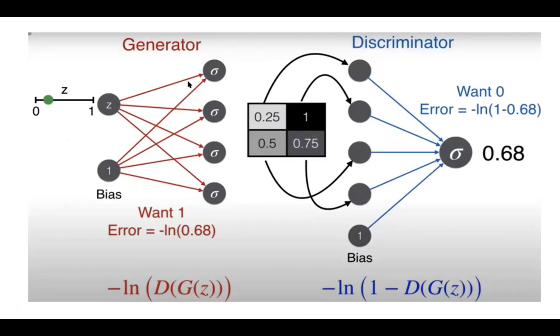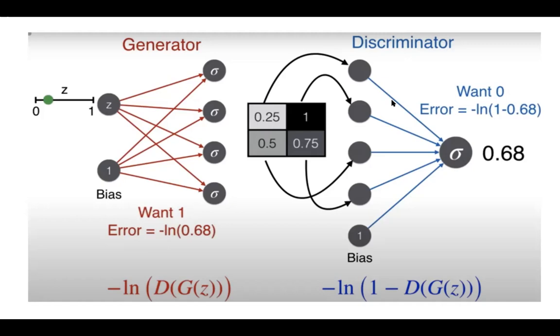Then after it produces these inputs, the discriminator will pass this input into its neurons and somehow get that this is 0.68.